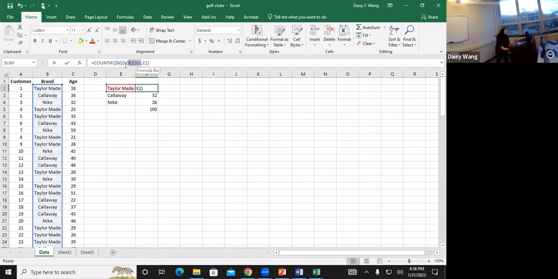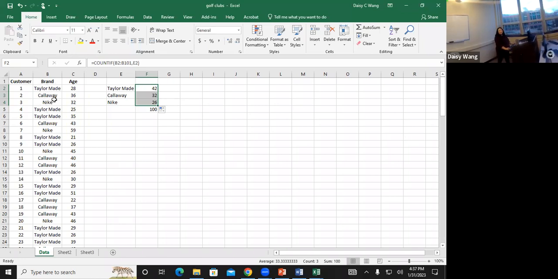You take out the $ sign. So if I do this, break it down, it's still the same, because the first 3 happen to be different brands.